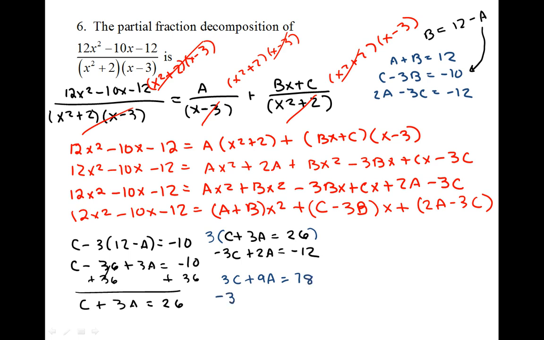And negative 3C plus 2A equals negative 12. So 11A equals 66. So A equals 6.